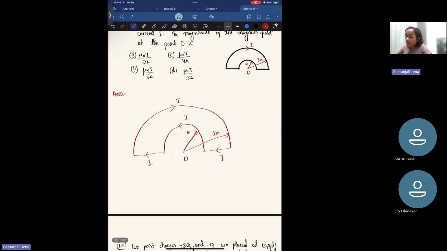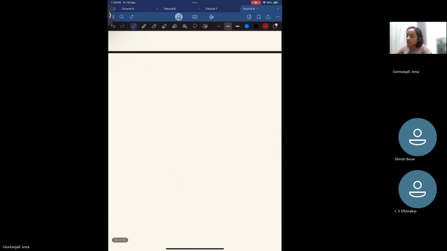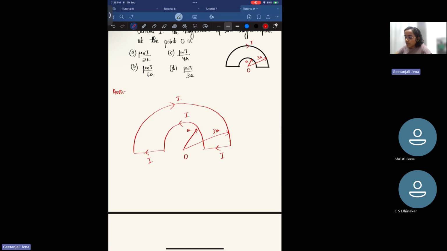To find the magnetic field, you need to see the contribution from each of these elements. There are two straight wires, A and B, and there are two semicircle loops, C, and the outside one is D. So the B at O would be the B due to A, B, C, and D. If you look at AB, this is along the line where O is present.